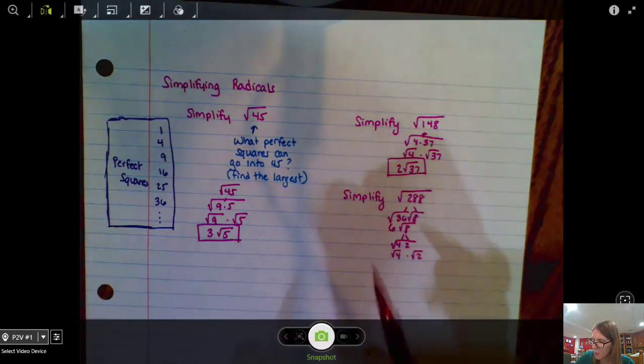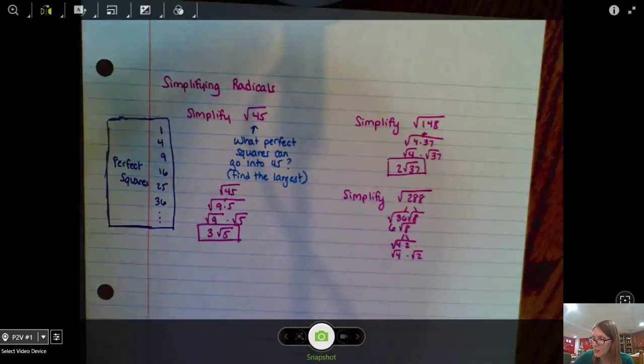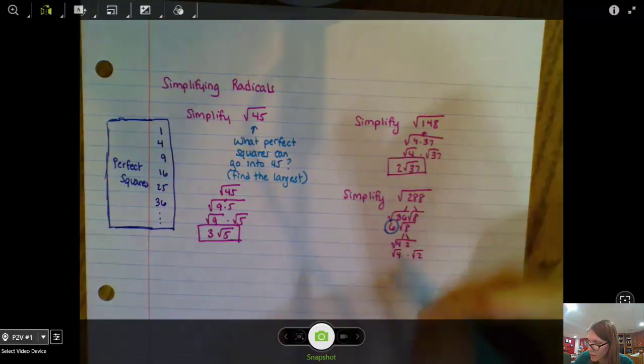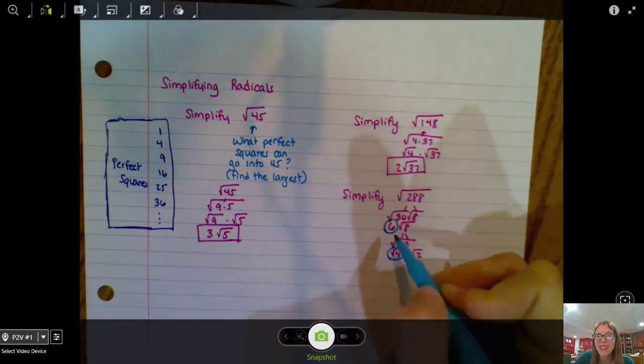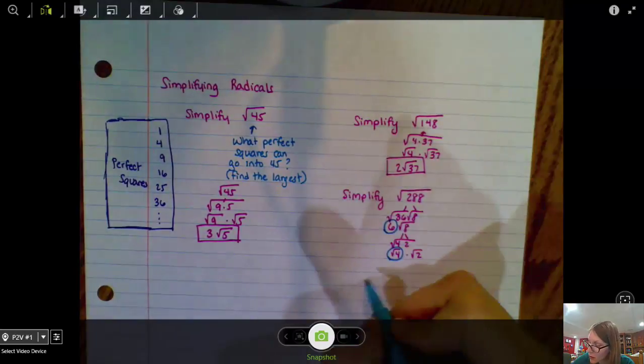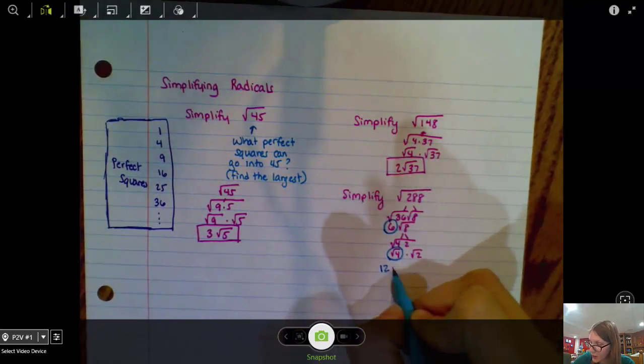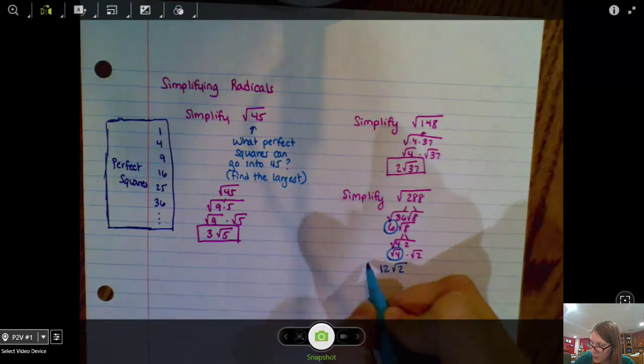But I have this 6 that's in front already, so I'm going to multiply these together. 6 times 2 is 12 square root of 2.